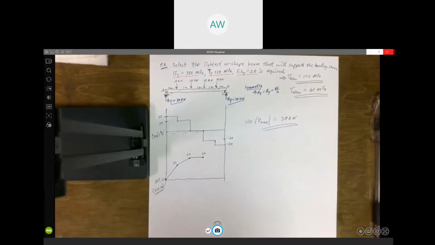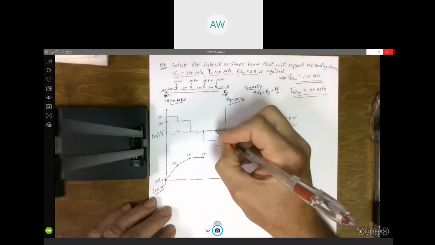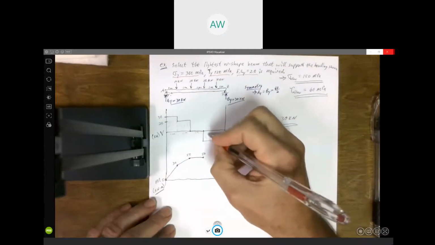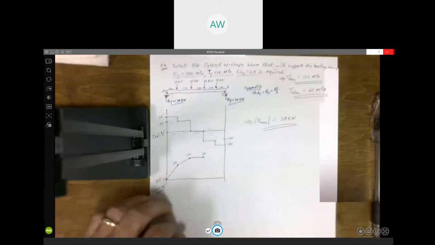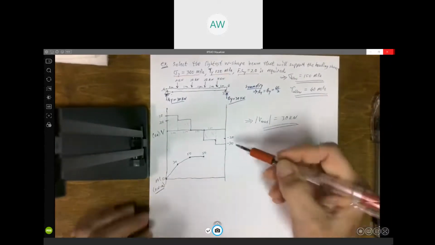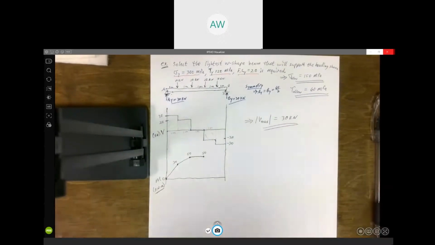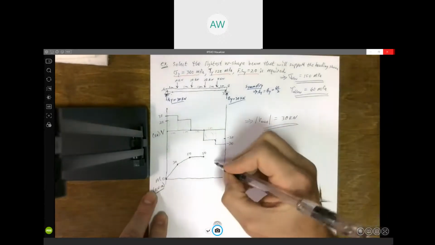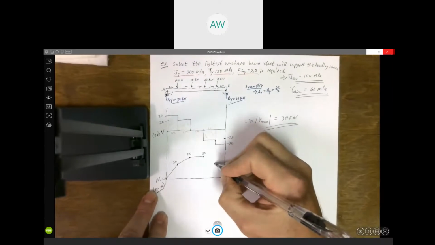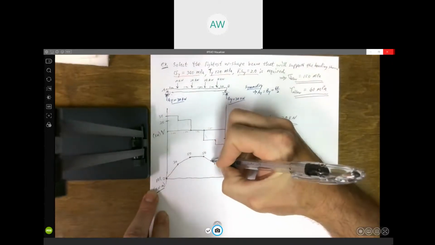All these are linear. And now we're going to go up or down this area, which again is 1 meter wide. 20 is the height, so it's negative 20. We're going down 20, so we go back down to 30. Linear, straight line.